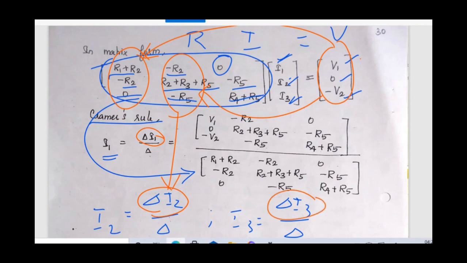Then for del I3, the third column is replaced with the voltage source. Accordingly, we have to solve the problem. So this is the method to solve mesh analysis. Then we will see the rest of the problem tutorial in the next video.